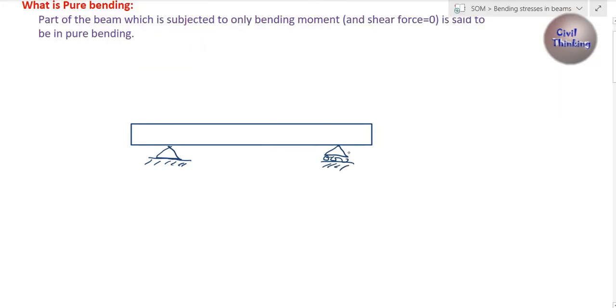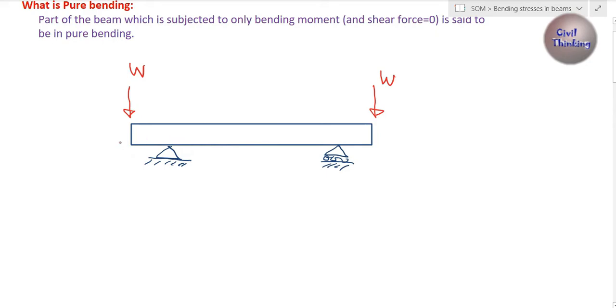Now let's assume loads are acting here. Let the load be W and here also the load is W. Okay, in this diagram I will tell you which part of this beam is actually in pure bending.